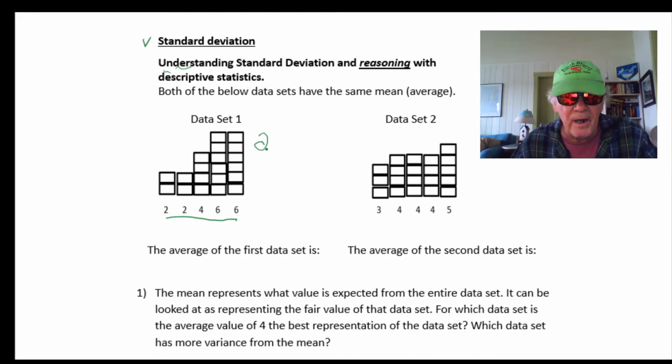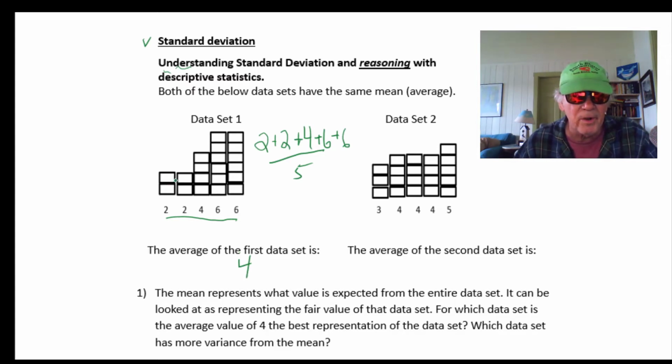So the way we find the average is 2 plus 2 plus 4 plus 6 plus 6 divided by 5. So that's 10, 18, 20 divided by 5 is 4. So that has an average of 4.